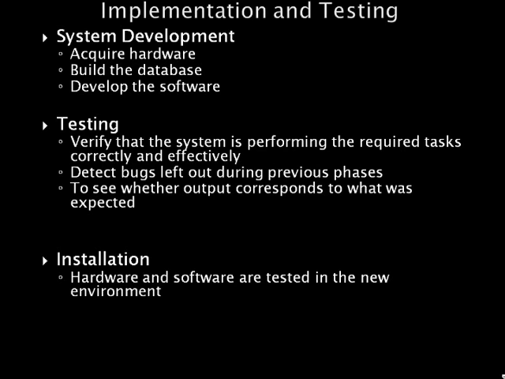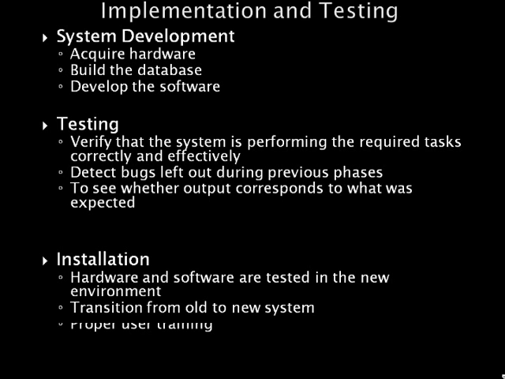Since implementing the new system into the organization involves a transition from an old system to a new one, users should anticipate some difficulties during system start up as they learn their new tasks and procedures. The more these difficulties are minimized through well-designed system interfaces, proper user training, and cooperation among all the participants, the better the transition will be.